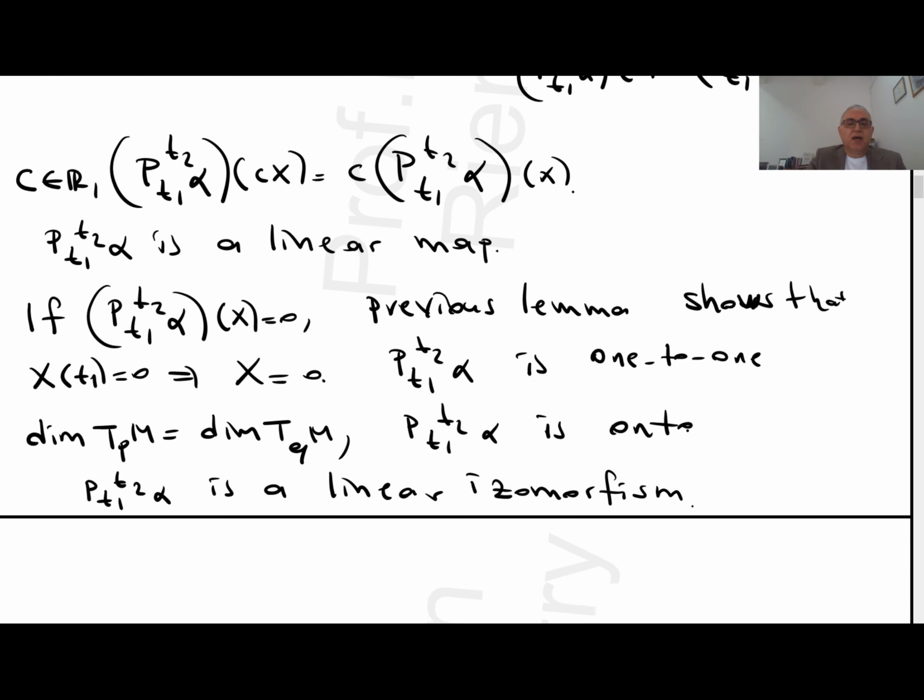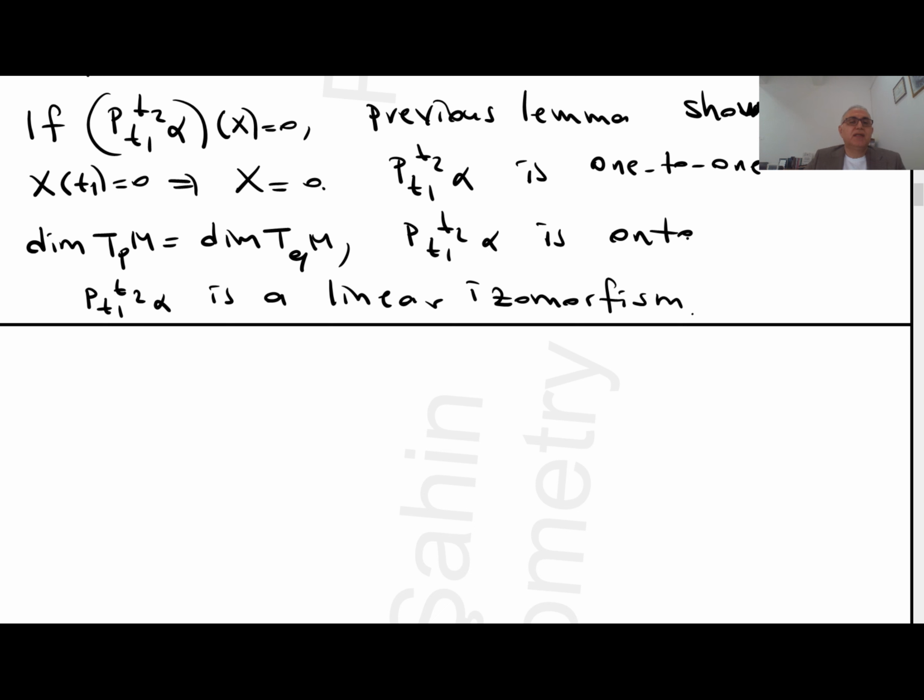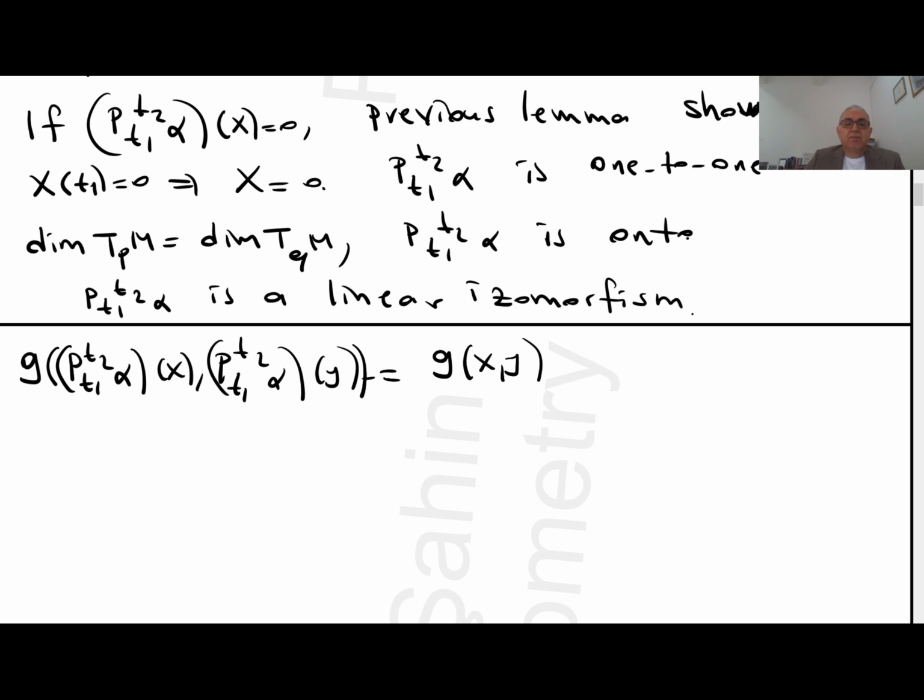Okay, now we need to show that this map preserves the metric. So it means we need to use this one. Let's say g is a Riemannian metric. We need to show that g(P_{t1,t2}^α x, P_{t1,t2}^α y) is equal to g(x, y).